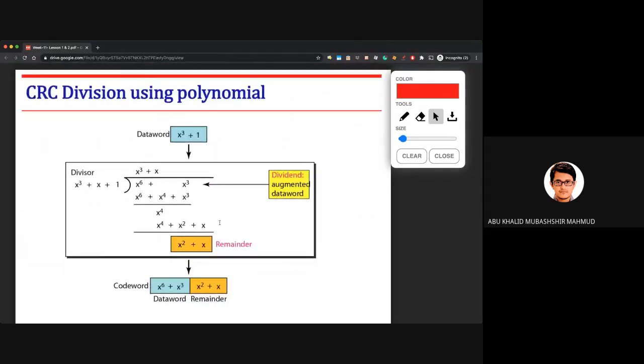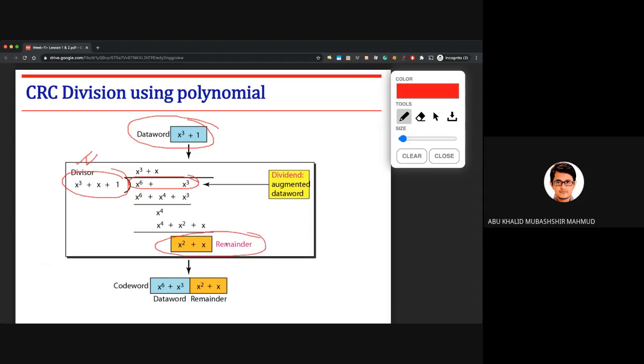So let's move on to the next topic. How can we perform this cyclic redundancy check division using polynomials? What we need to do is convert all the binary numbers to polynomial expressions, then divide by the divisor and get the remainder.